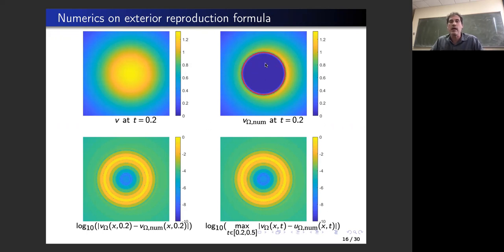And here you see the error between this calculated field and the field that you should be getting. Here I'm using these because it's exterior. Okay, fine. And again, the error seems to be maximum at the boundary of omega. And same thing in here, the error is still maximum, even if I look at a bunch of different times.